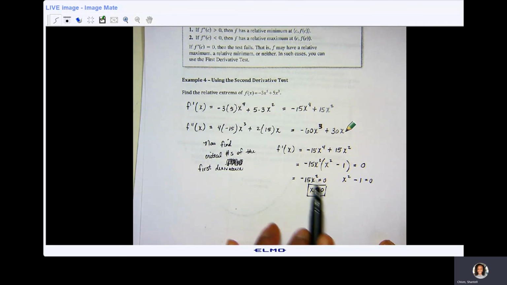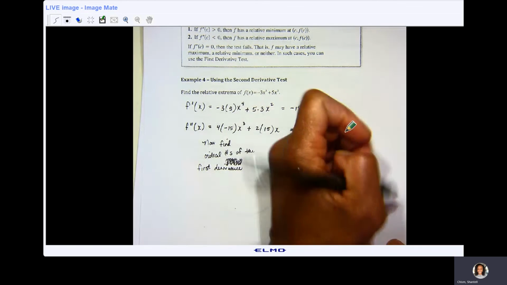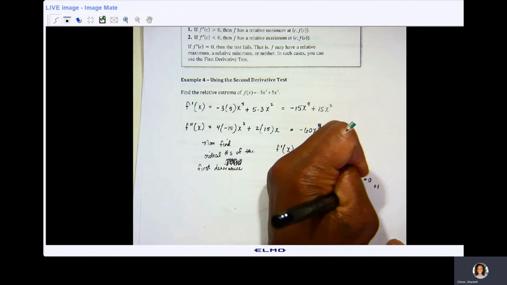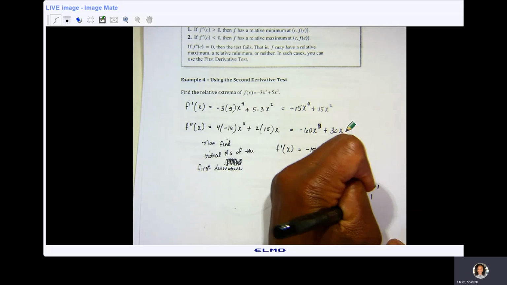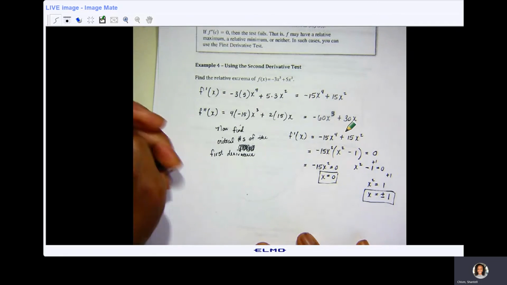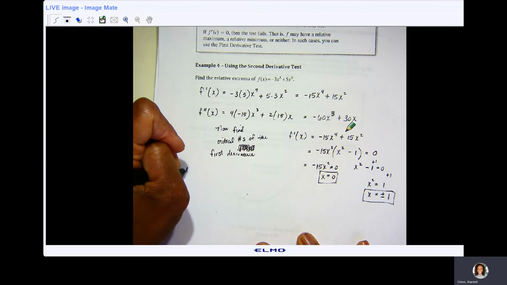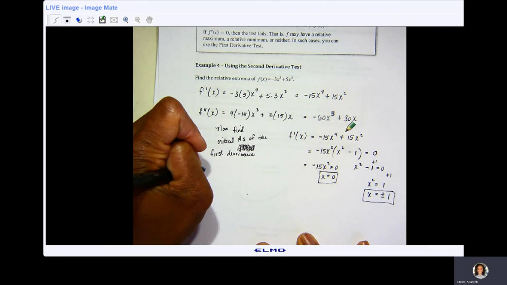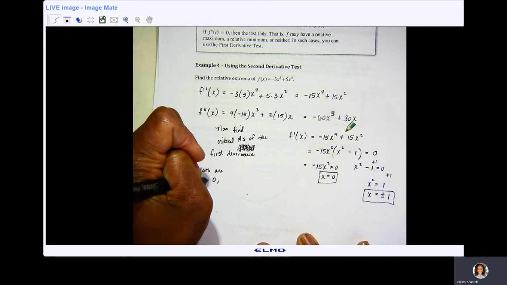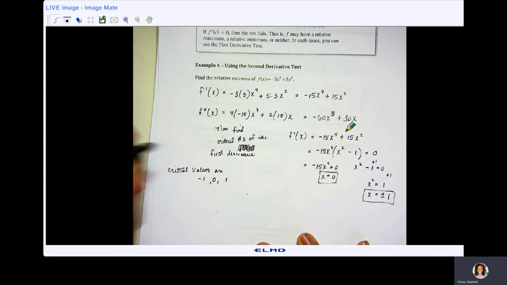So x equals 0 here when you solve that. Over here, you're going to add 1. So x squared equals 1. So x equals plus or minus 1. So your critical values from f prime are 0, negative 1, and positive 1.